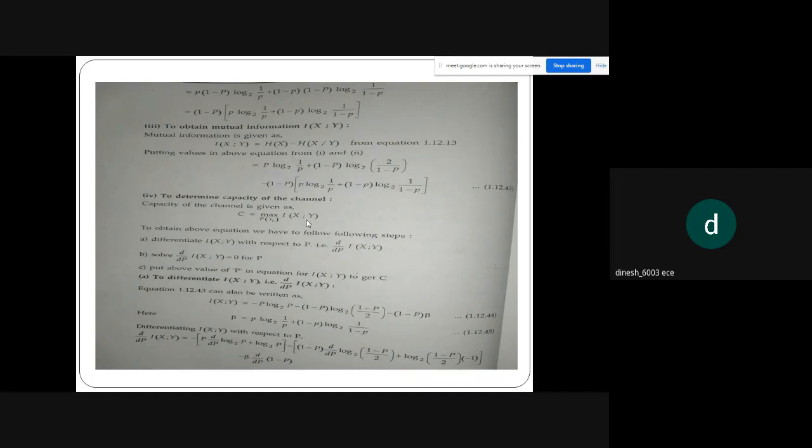Okay. So there are three steps to be followed. First one, differentiate the mutual information with respect to P. Then solve it for the derivative of mutual information equal to 0.